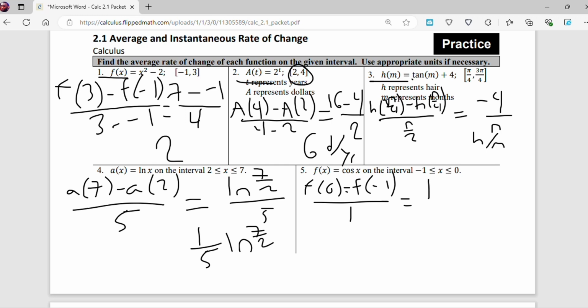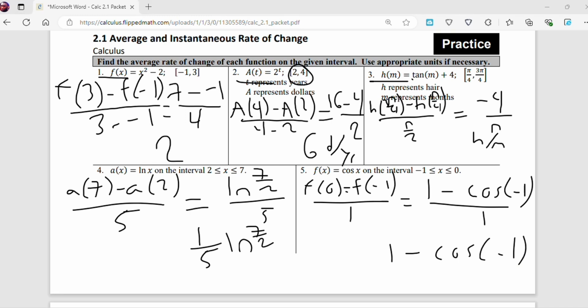What's cosine of negative 1? Well, we actually don't know that. So we're going to leave that there. All over 1, which is the same thing as 1 minus cosine of negative 1. And there we go. That is the first 5 questions.